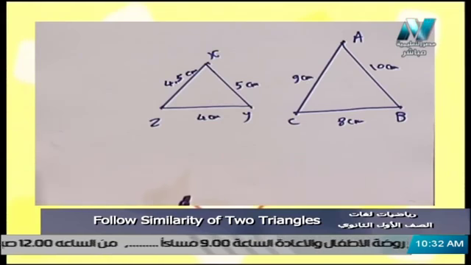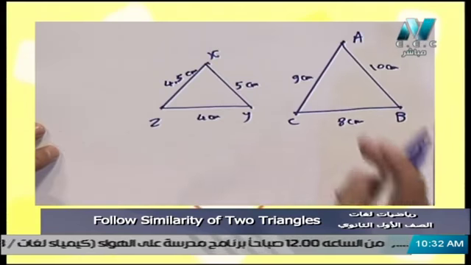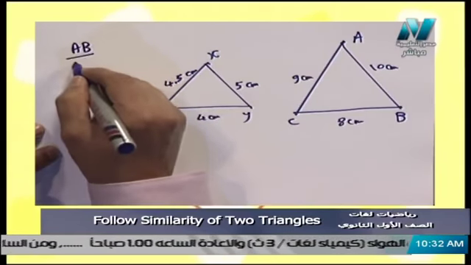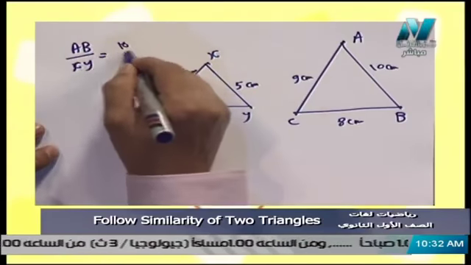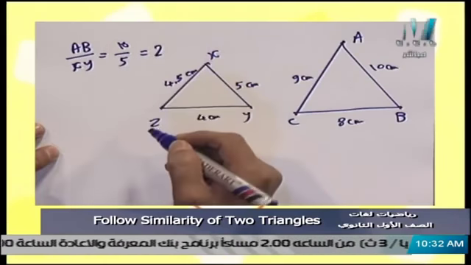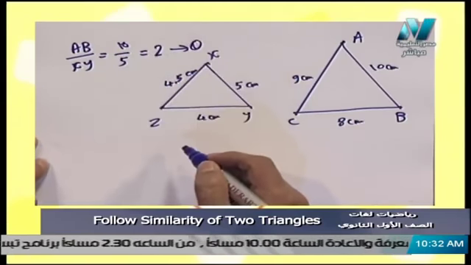So look carefully here. AB over XY is 10 over 5, and it will be 2. Call this equation 1.